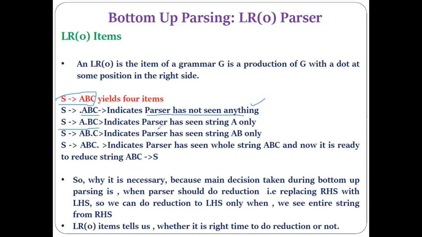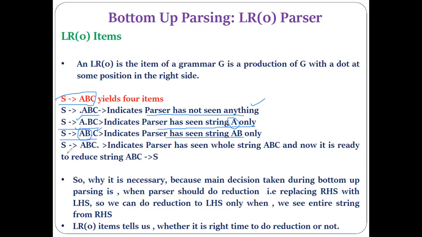It indicates the parser has seen the character A only, because the dot on the right hand side of A indicates that the parser has already seen the character A. In the next case, if I move the dot to the right hand side of B, it indicates the parser has seen the string AB. The parser has already seen the string AB but has not seen the character C yet.